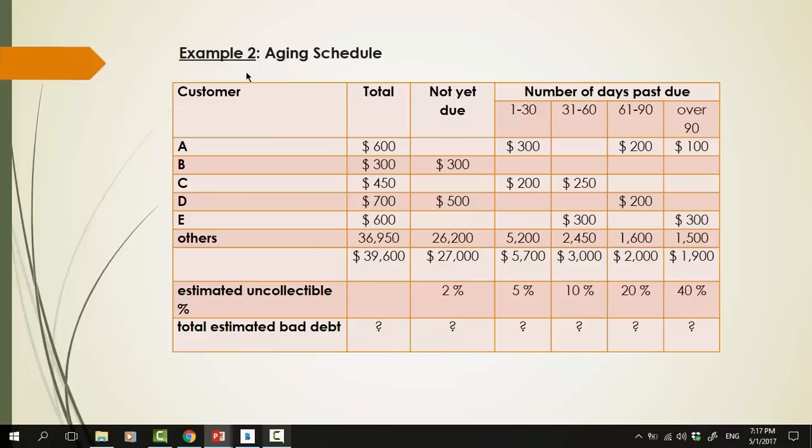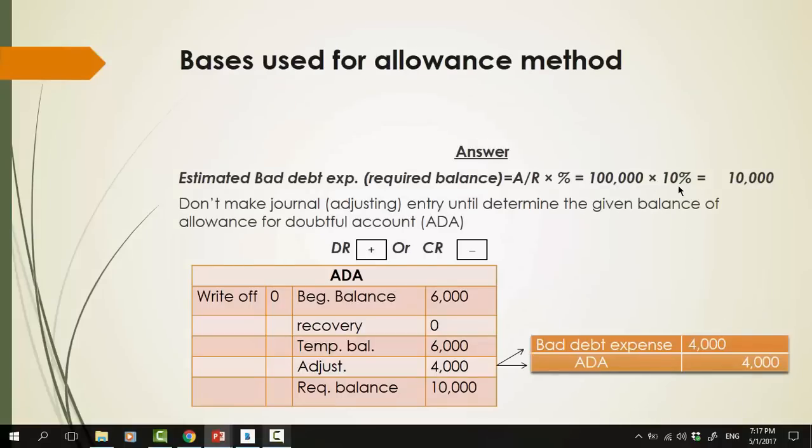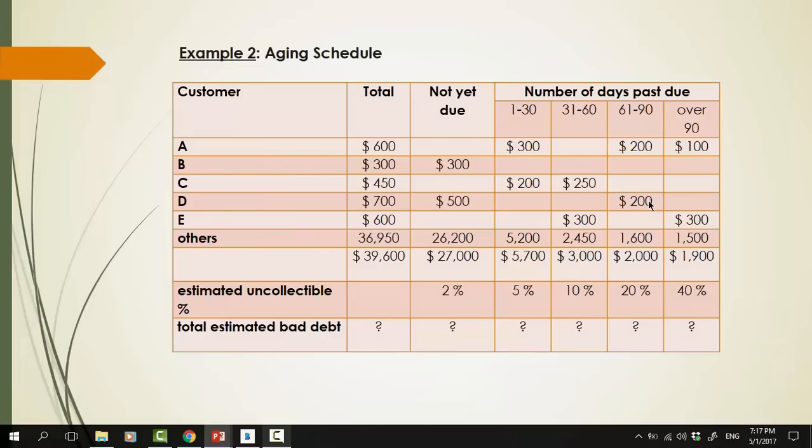The percentage of accounts receivable is also called accounts receivable aging, or the aging method. Why the aging method? In the previous example, we multiplied the $100,000 accounts receivable by the 10% estimated to be uncollectible. Some companies instead age the accounts receivable.